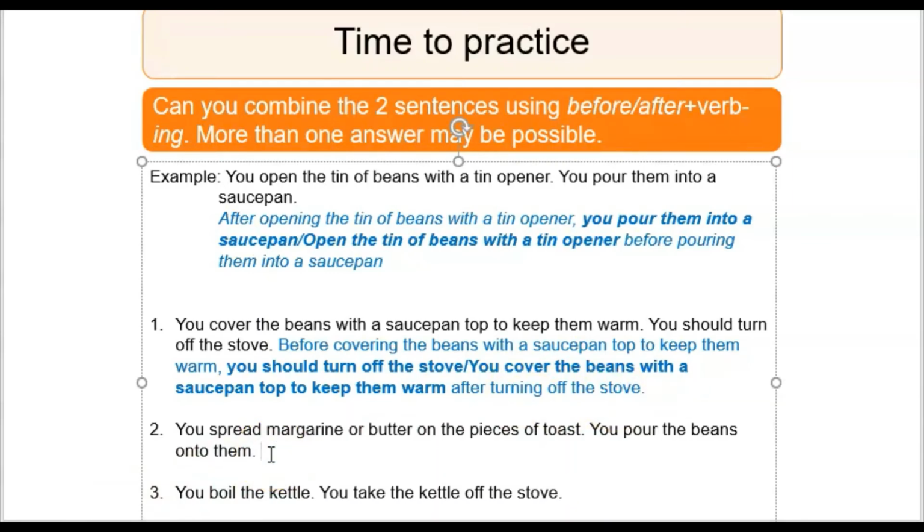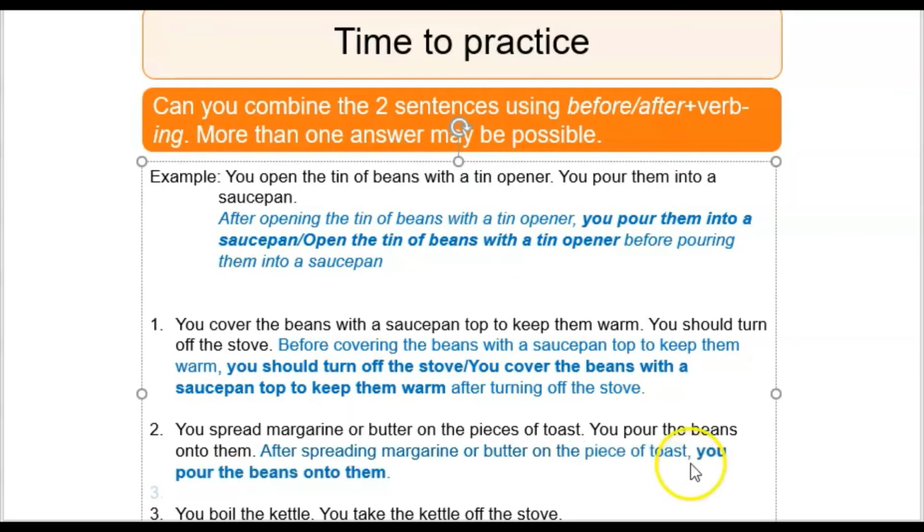Okay, so number 2, right? One way could be after spreading margarine or butter on the piece of toast. Okay, don't forget the comma. You pour the beans onto them. Okay, and that's your emphasis here, right?